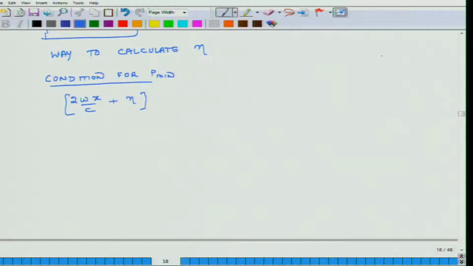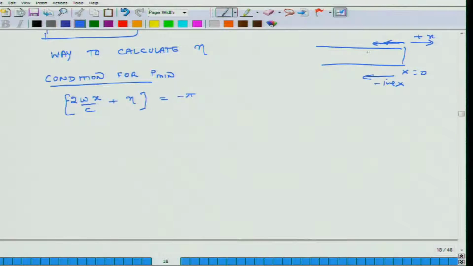Because x is in the negative direction: our tube has x equal to 0 here, positive x this way, so this is negative x. Suppose I start my microphone from a fixed location and then keep on moving it until I see that P has minimized.